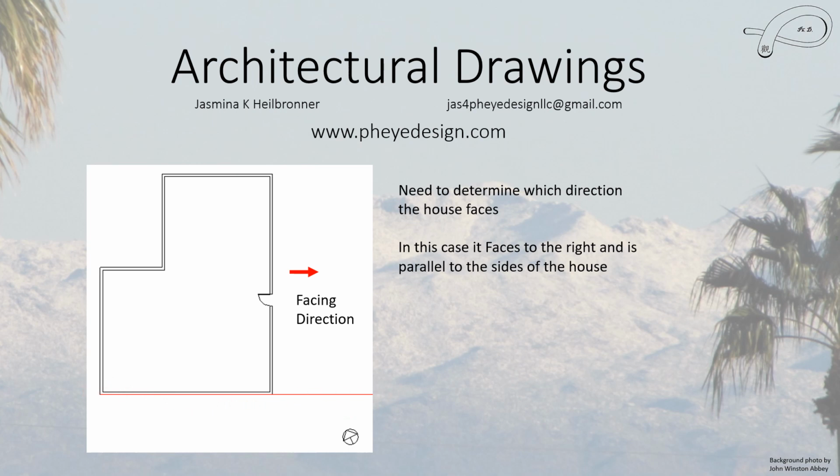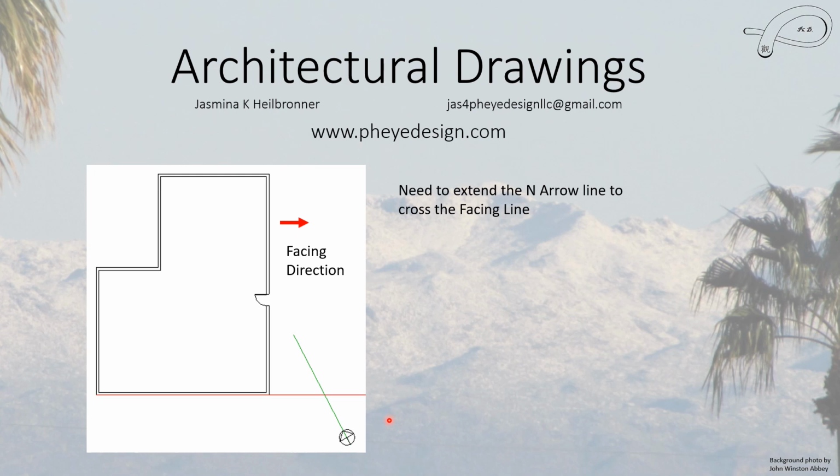That's the first step. The second thing you need to do is extend the north arrow, and this can be quite hard to do because this is usually not very big, so you have to be very careful and quite precise.